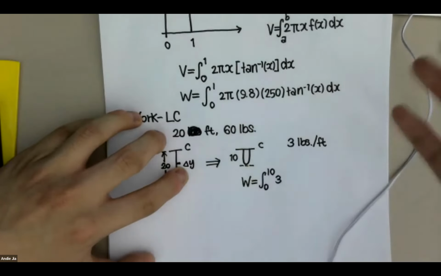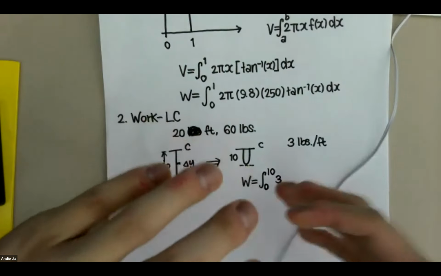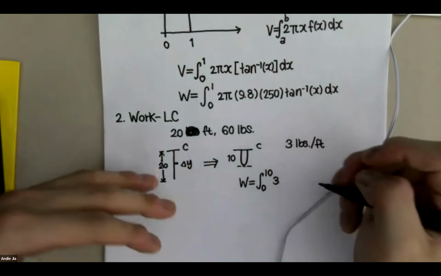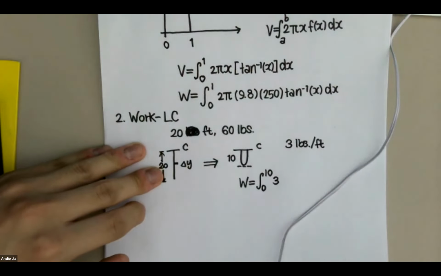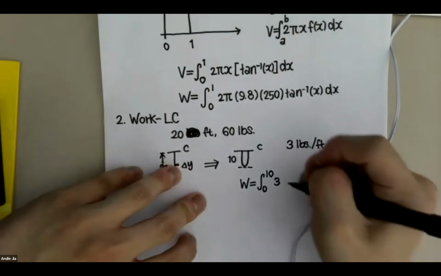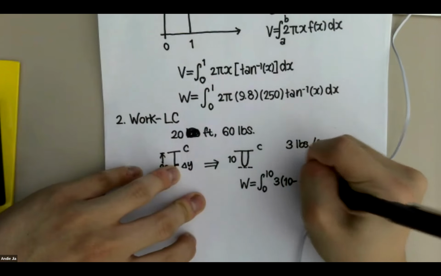The mass is 3, and for the distance, because you're pulling the chain vertically, the distance is going to be 10 minus y. That's the vertical distance that it moved on the cable.